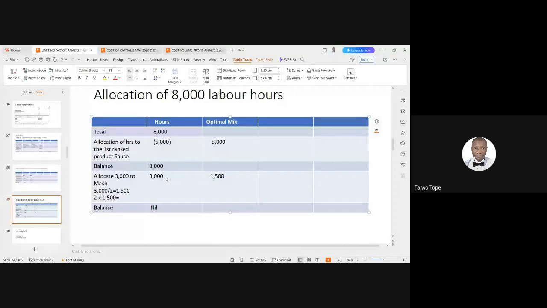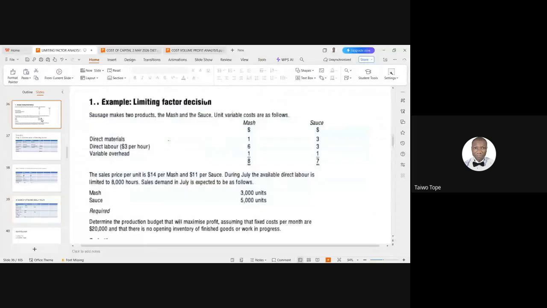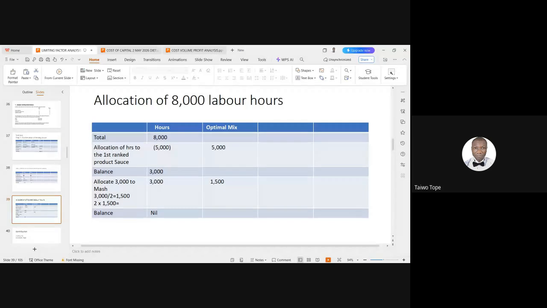So these 3,000 hours, how many units of mesh can you produce? Before you can determine that, you must ask yourself, how many hours do I need to produce 1 unit of mesh? 6 divided by 3. You need 2 hours.